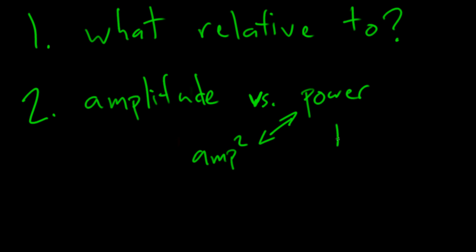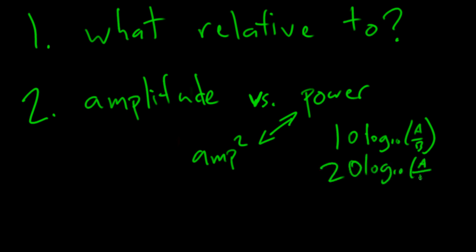This is where that discrepancy between the definitions of 10 times the logarithm base 10 of a over b, and that other definition, 20 times the logarithm base 10 of a over b. The reason we have these 2 different definitions is because of amplitude versus power.